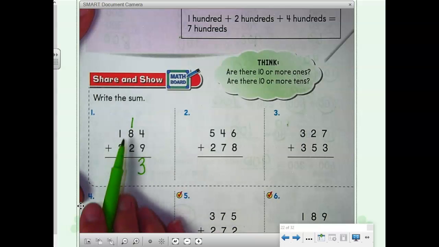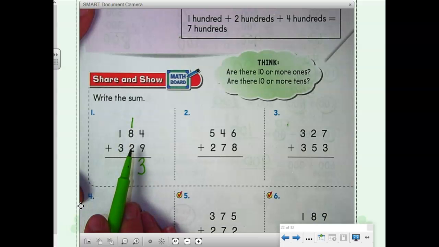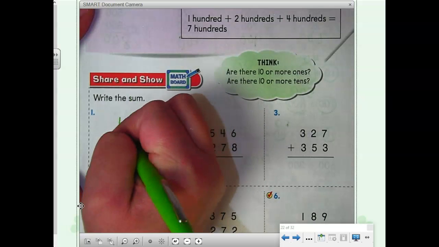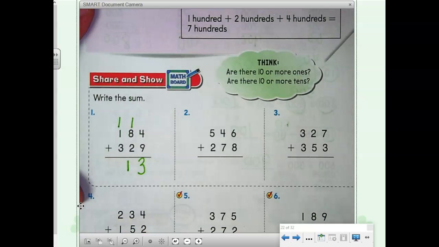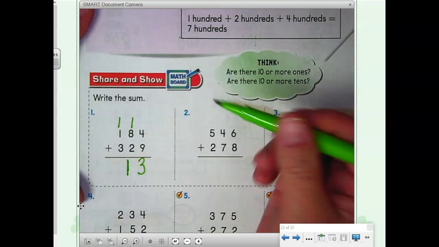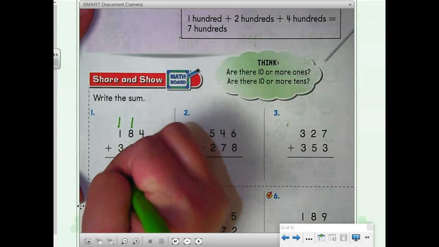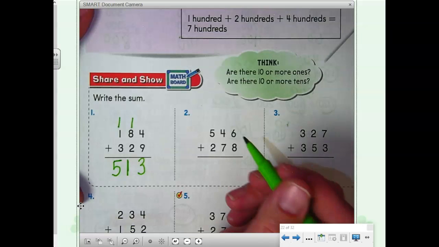Now, I add my tens. 1 plus 8 is 9. 9 plus 2 more makes 11. 11 tens is one group of 100 and one group of 10. Now I add my hundreds column. 100 plus one more is 2. 2 plus 3 is 5. My answer is 513.